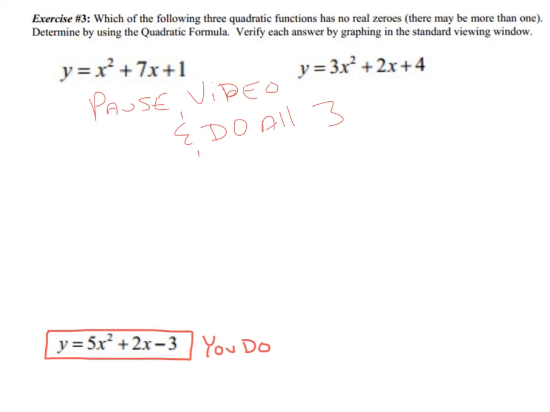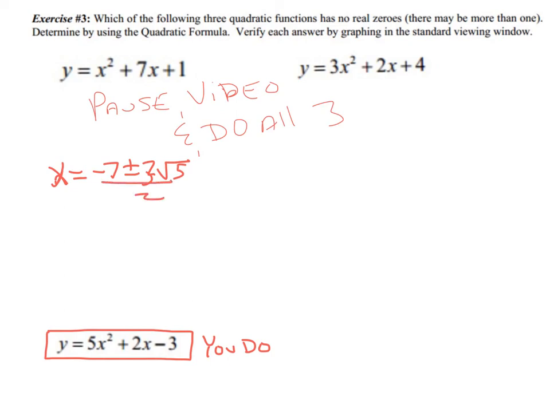You must have shown work in this first one here. You should actually get an answer of x equals (-7 plus or minus 3 radical 5) over 2.